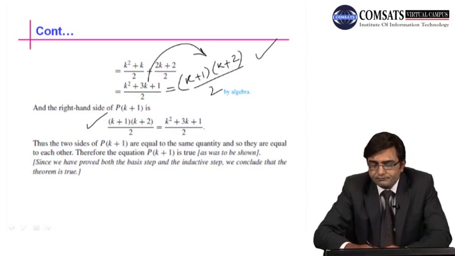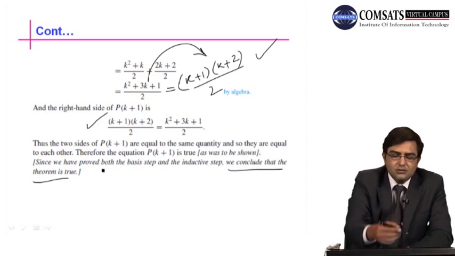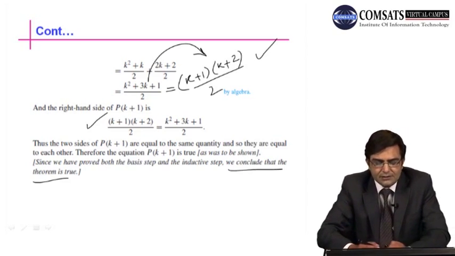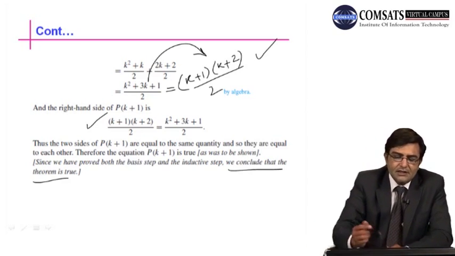So therefore we can say that the basis step and inductive step are both true. Then we conclude that the theorem is true, or you can say the given property is true for all integers.